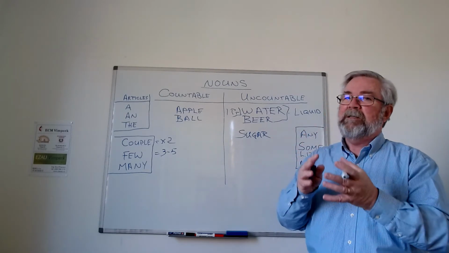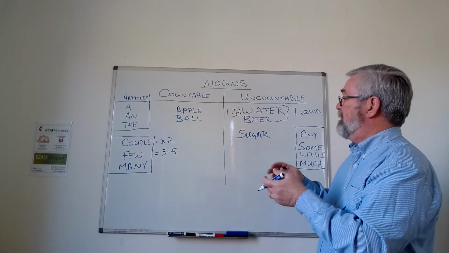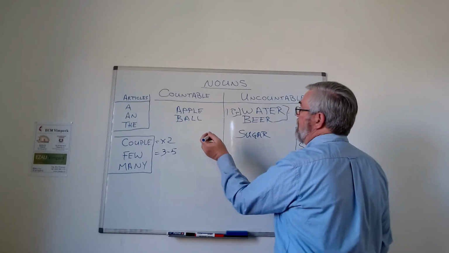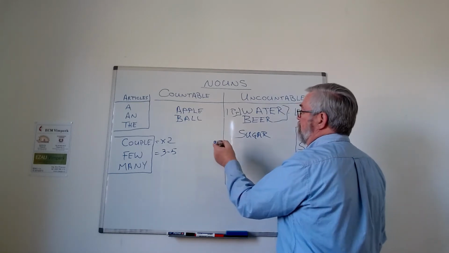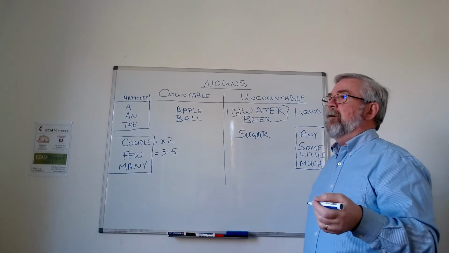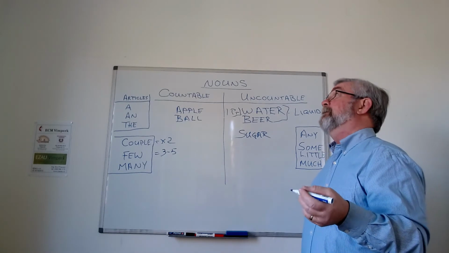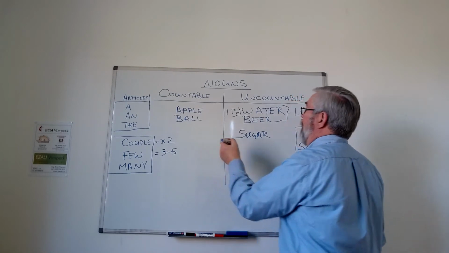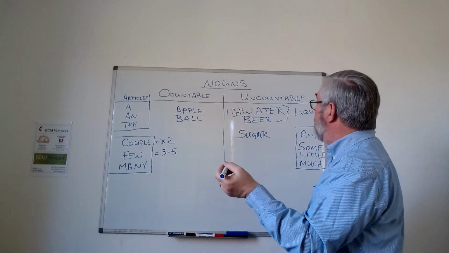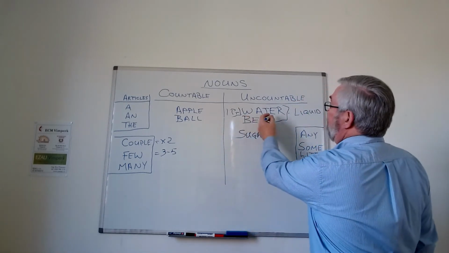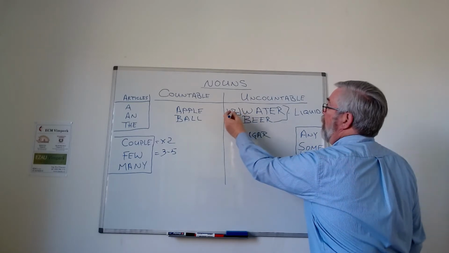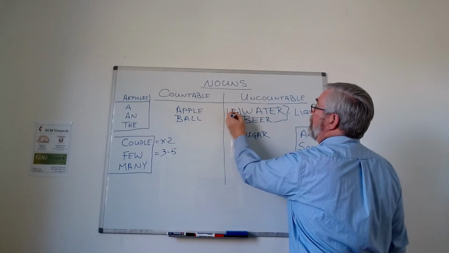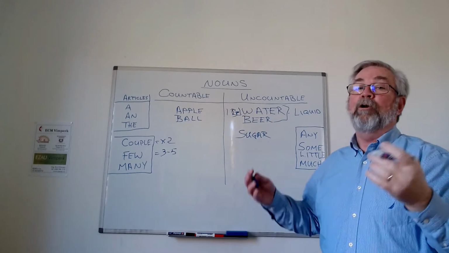That is what you would use to describe not a specific quantity. If you want a specific quantity, I don't know how I would measure sugar, but in the case of water or beer, maybe one liter. I need 1 liter of water.